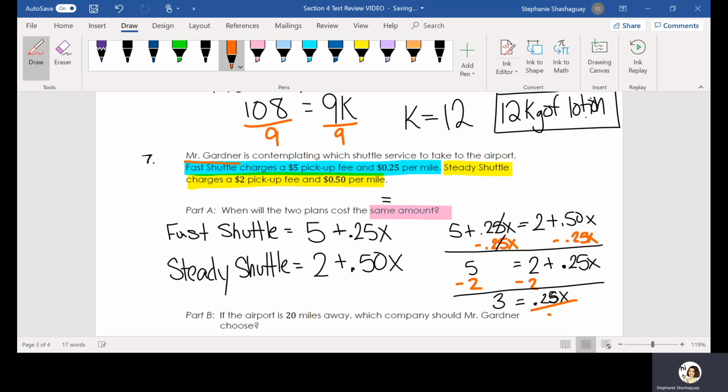And then I have to divide by 0.25 and divide by 0.25. When you divide by 0.25, you actually get a larger number. So x is going to equal 12. So after 12 miles, they will cost the same.